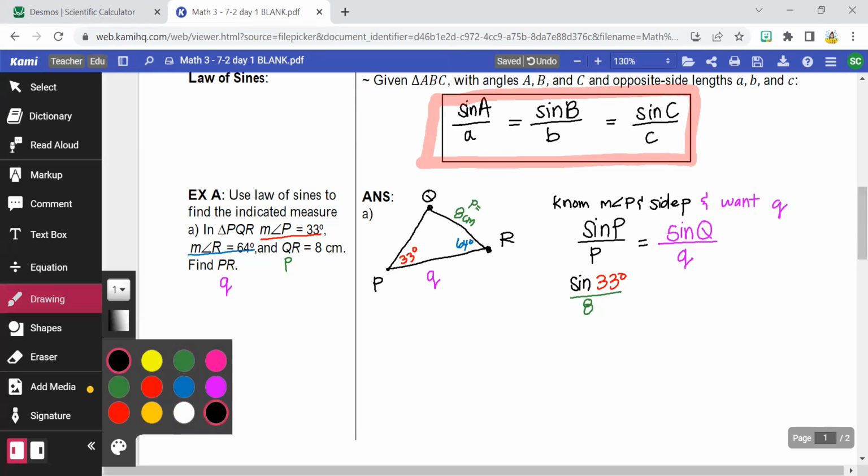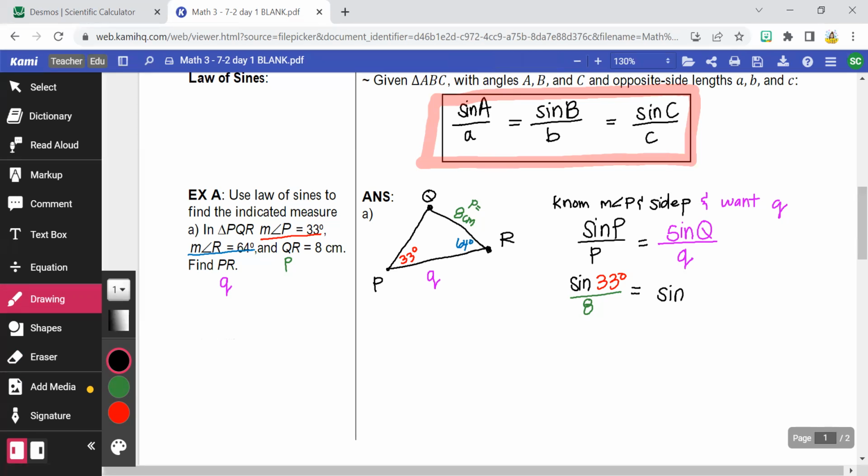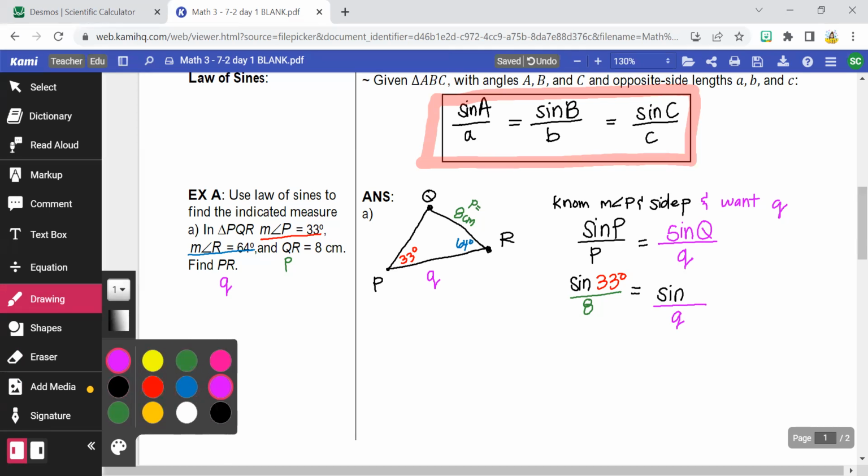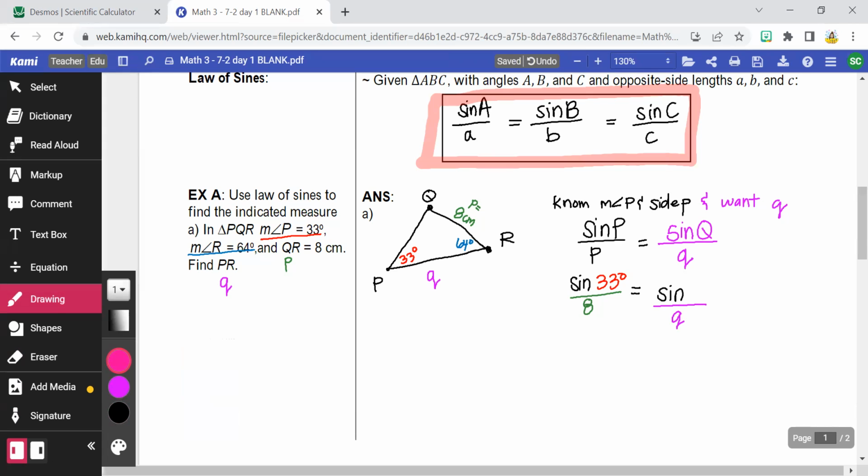And that is equal to sine of angle Q. Notice we don't know angle Q, and we definitely don't know side Q because that's what we're looking for. So what we need to do is find the measure of angle Q in order to solve the problem. Okay, so we need the measure of angle Q first before we can move on.